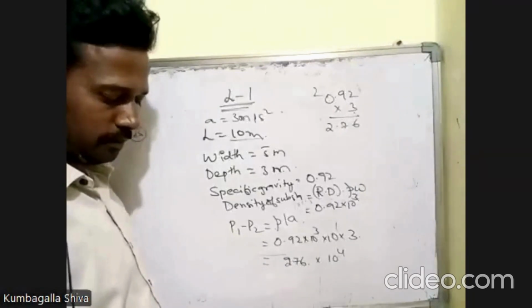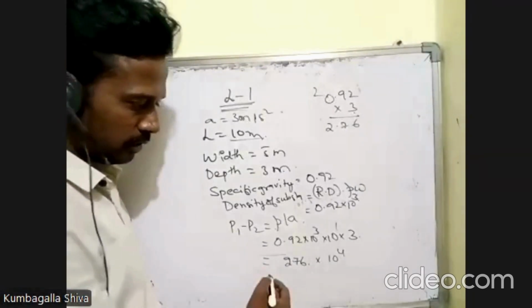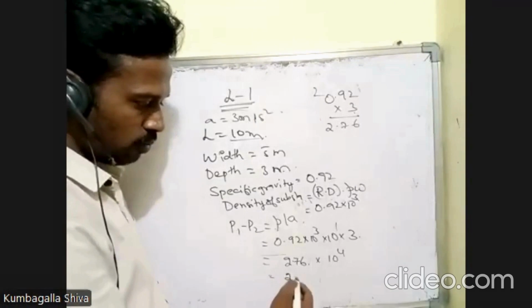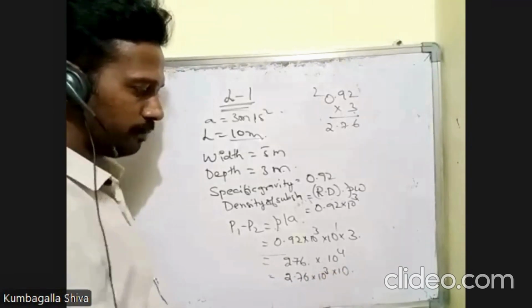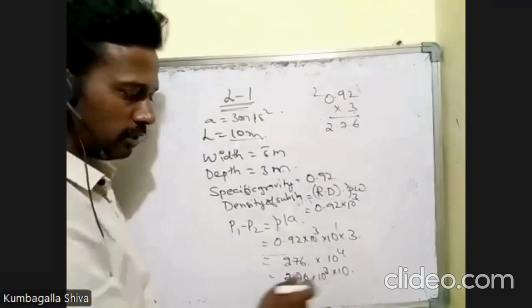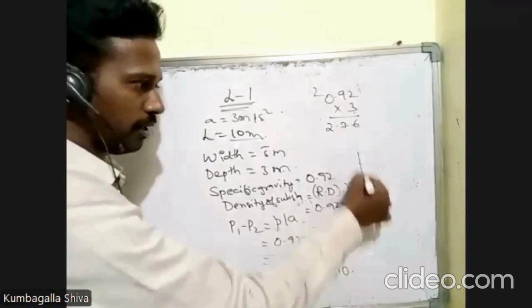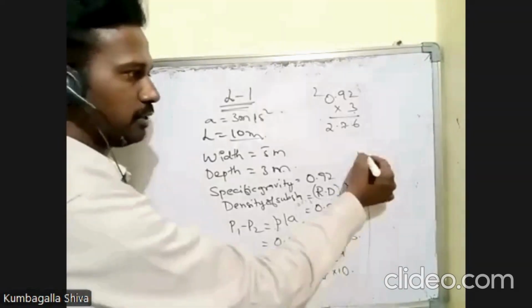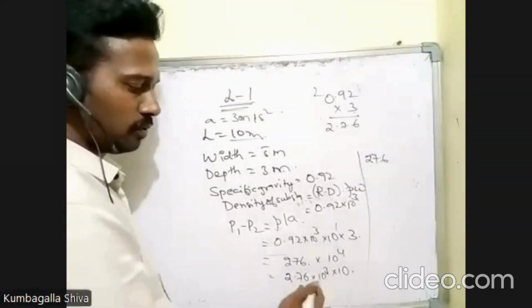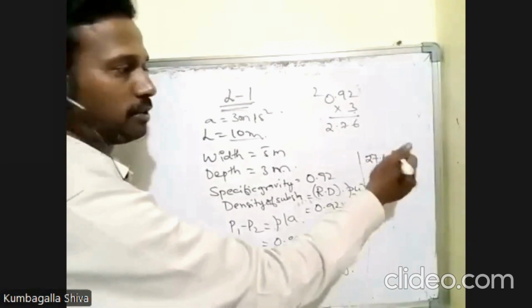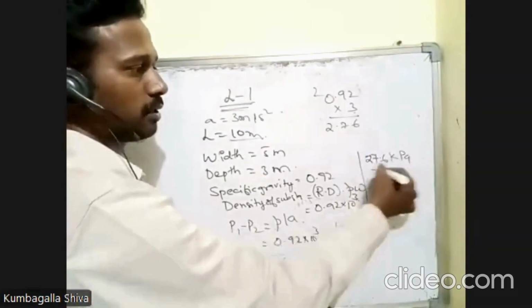Can I write like that? 2.76 into 10 power 3 into 10. This 10 gets multiplied and you get 27.6 into 10 power 3, and 10 power 3 means kilo. Pascal. Clear?